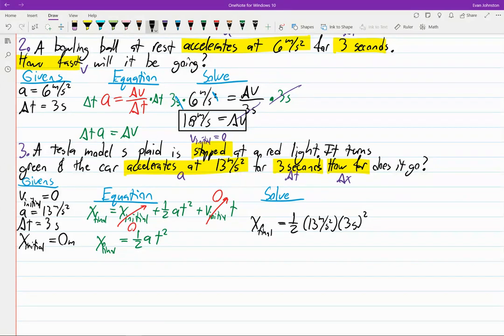You know that 3 squared is 9, and then 9 times 13, I'm not sure on that one. I actually don't have my calculator with me, hilariously enough. I think 9 times 13 is 117, and then cut in half, we get 58.5. 58.5, and since it's a distance, it should be in meters. Done.